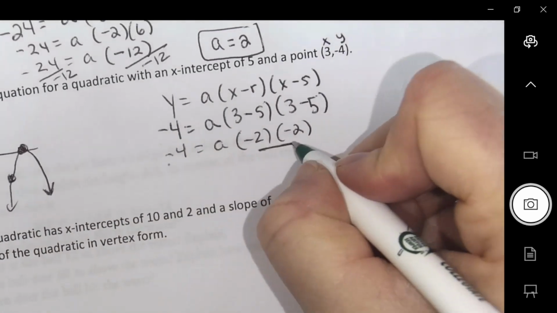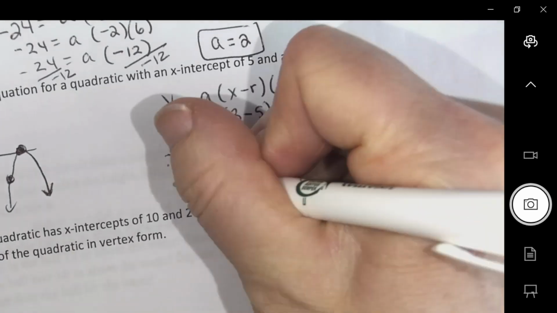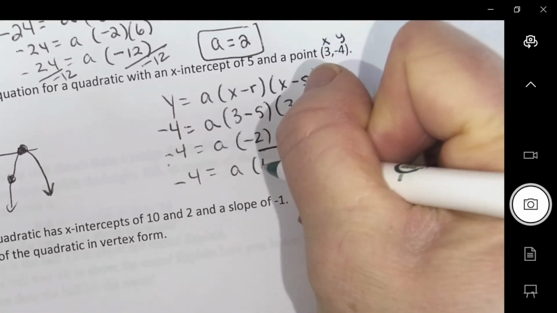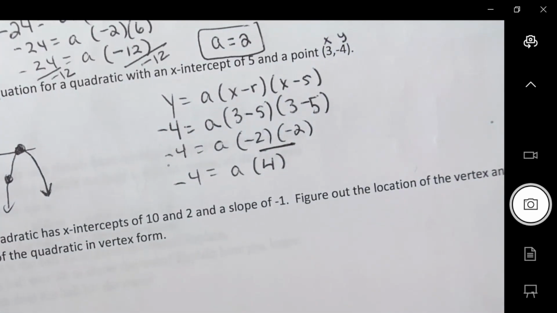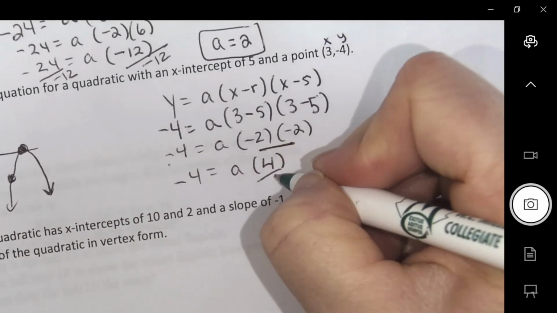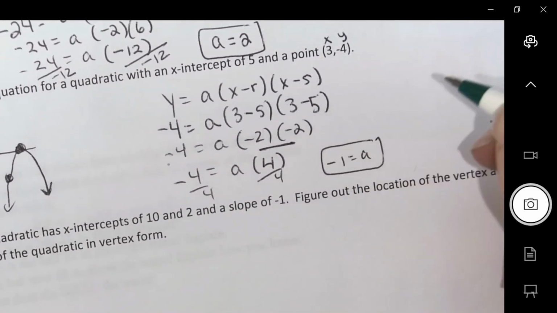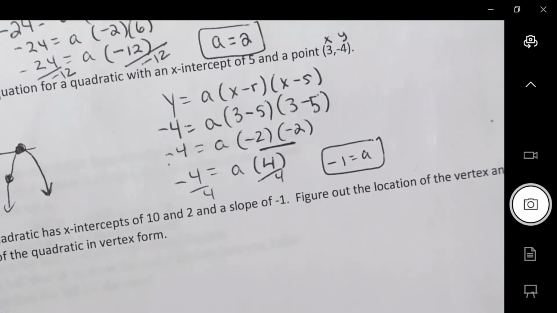Okay, keep going, algebra. So now I'd have to do -2 times -2, 4. And can we divide that out? A is -1. And it makes sense because look how I drew it. Negative. Flipped.